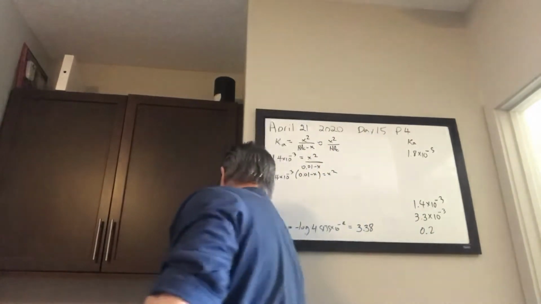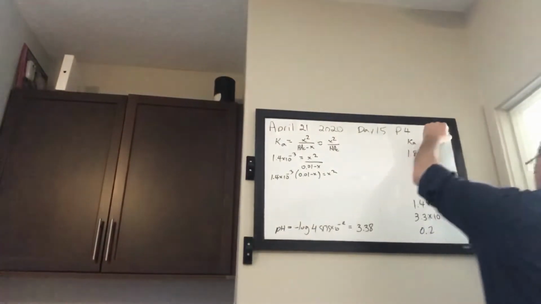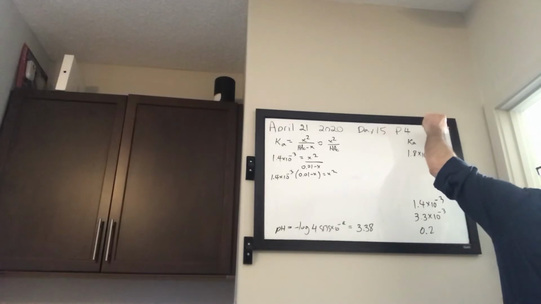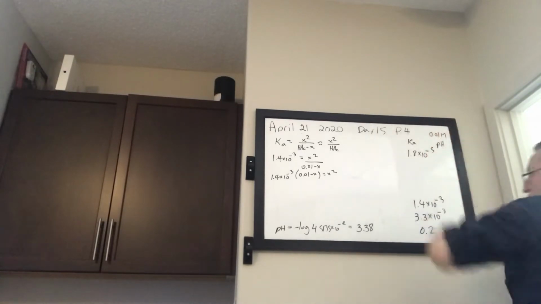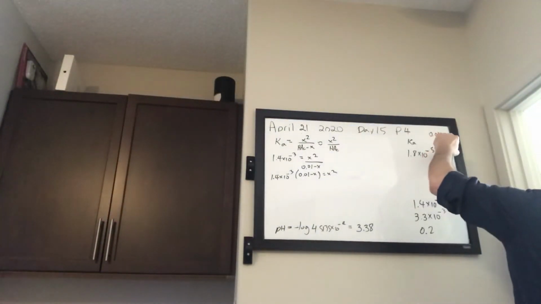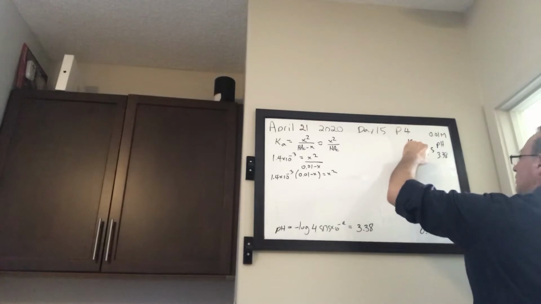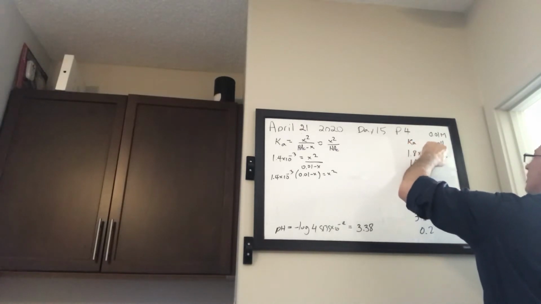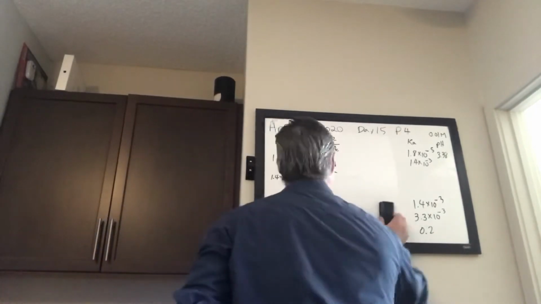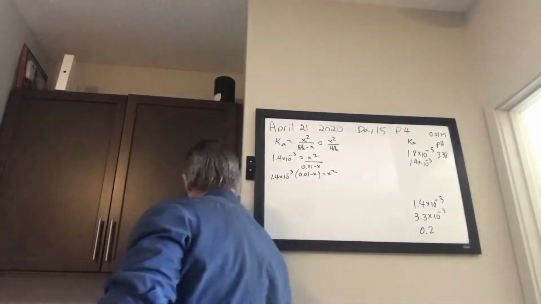So let's write the pH that we get from each one. So 0.01 molar solution. And the pH that results, here it's 3.38. As we do each one, we'll write the result there and we'll erase the one that we've used. Okay?